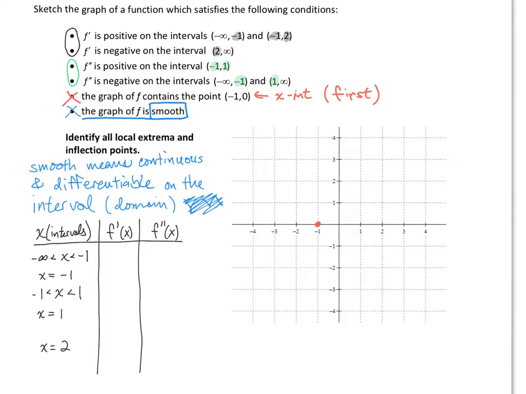You'll notice that this is everything between -1 and 1. So the next interval would be 1 less than x less than 2, and that denotes everything between 1 and 2. And then for the last interval, I will have 2 less than x less than infinity.